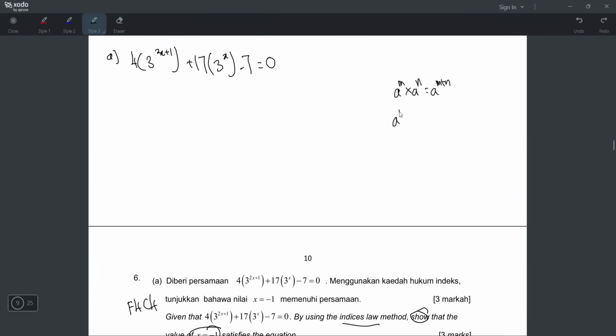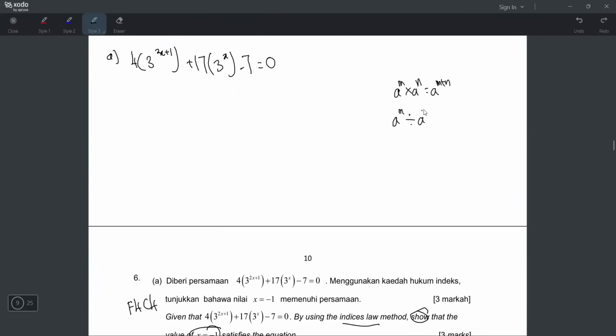The second law of indices is a power m divided by a power n equals a power m minus n. There's a lot more down here, like a power m power n is a power mn. And then for the negative one, a power negative m is equal to 1 over a power m.